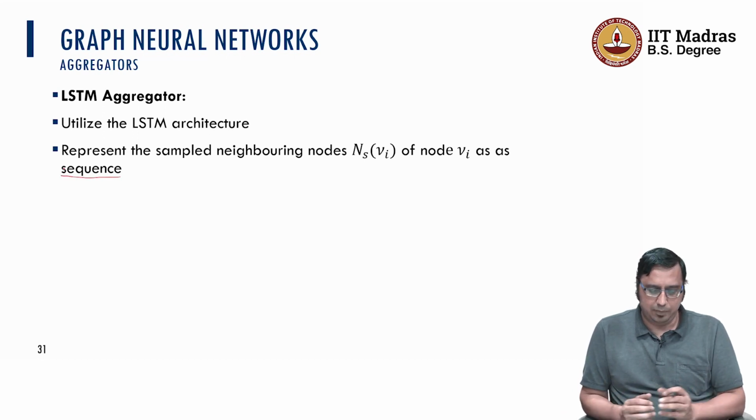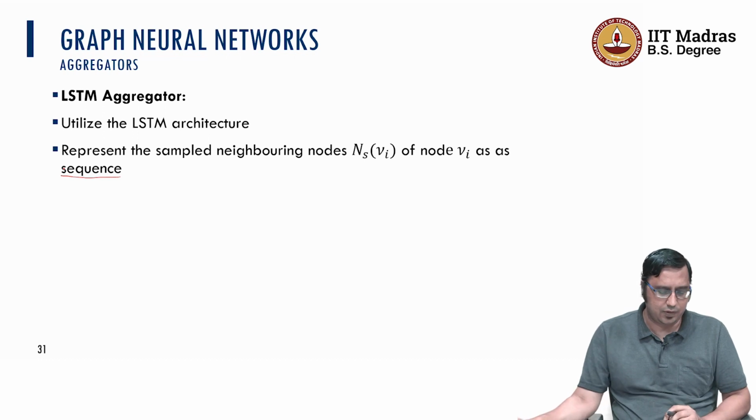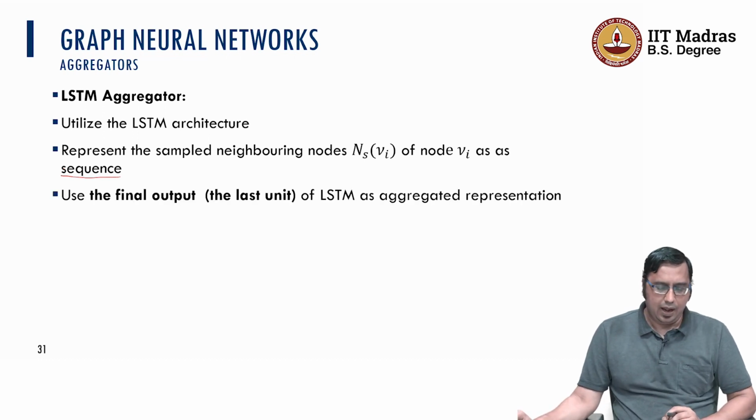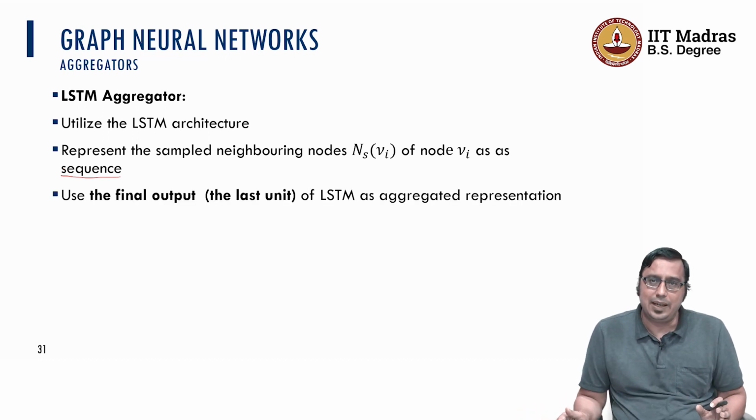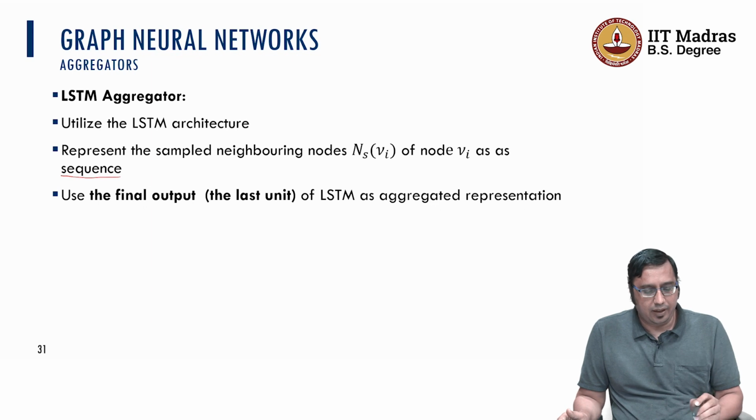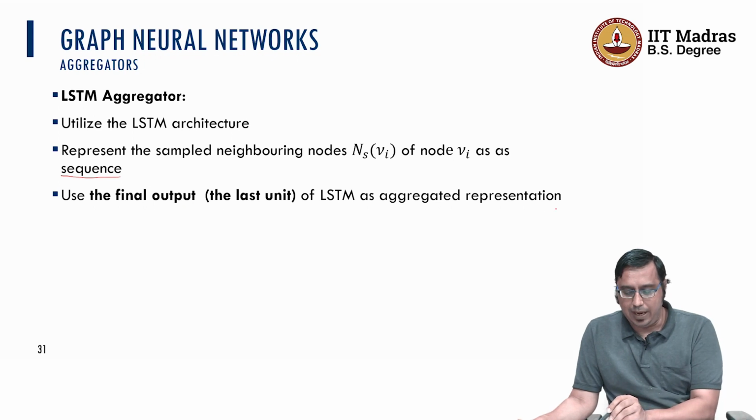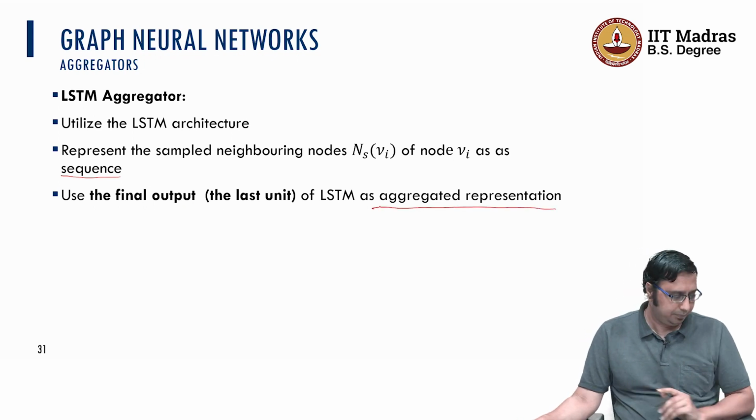So I have a set of samples and I represent it as a sequence of nodes, and then I pass it to the LSTM as my input, and then I generate the feature, and the final output or last unit of the LSTM provides me the aggregated representation.